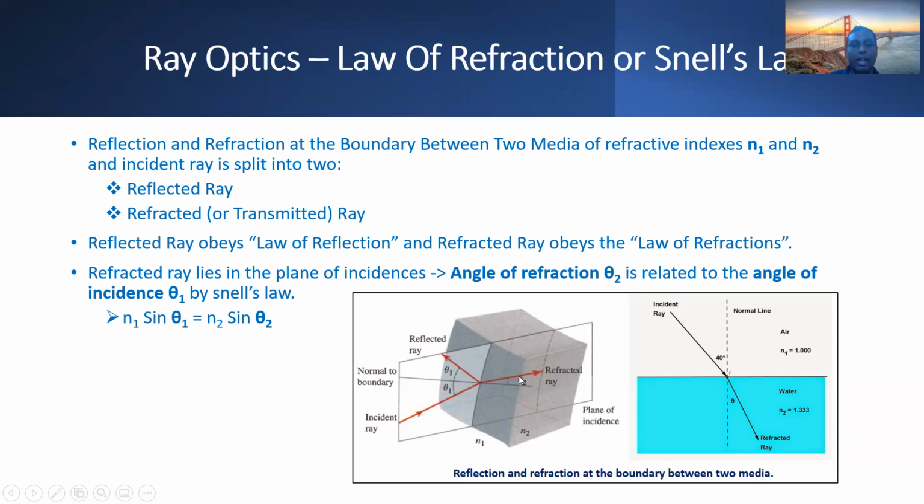To find this angle theta 2, we can use the Snell's law equation, N1 sine theta 1 equals N2 sine theta 2. N1 and N2 are nothing but the indexes for the media. On the right hand side, the media used are air, where N1 equals 1, and water, where N2 equals 1.33. With this information, we should be able to get the theta 2 angle for the refracted ray.